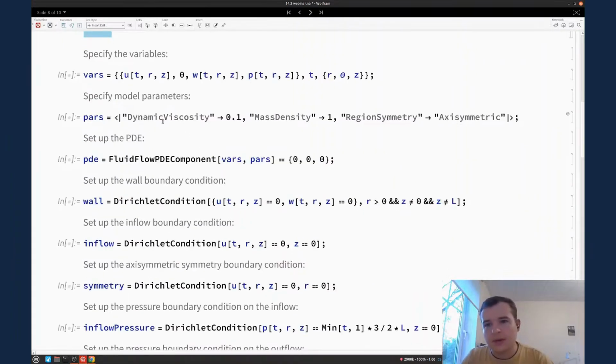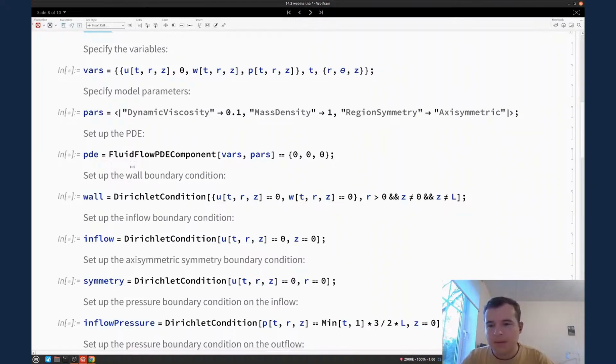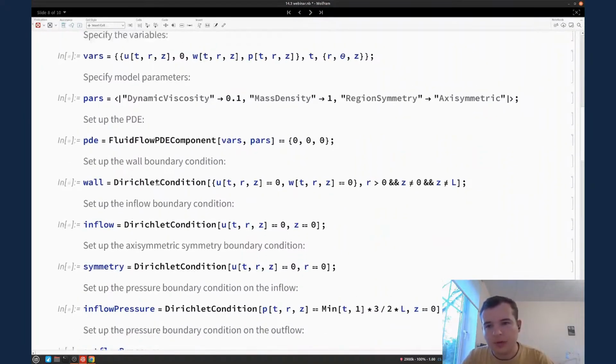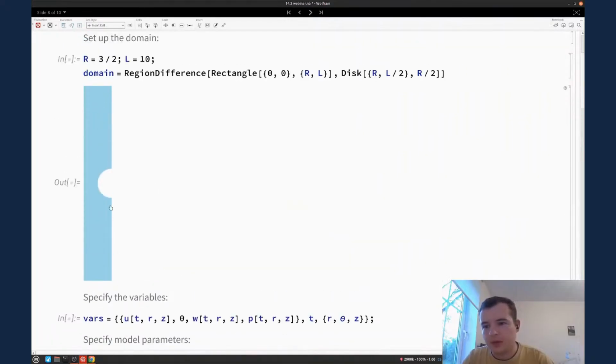Once again, we specify the model parameters, where we have this important region symmetry set to axisymmetric, and now we have the boundary conditions, and we use the fluid flow PDE component to generate the equations. So the first boundary condition that we have is once again the no-slip boundary condition here on the wall.